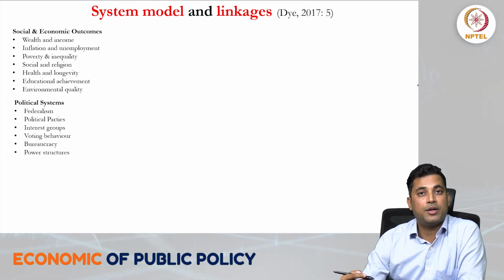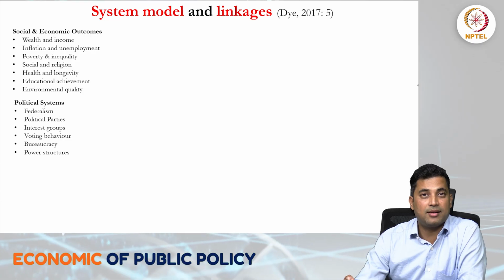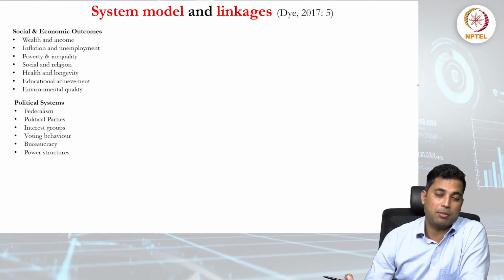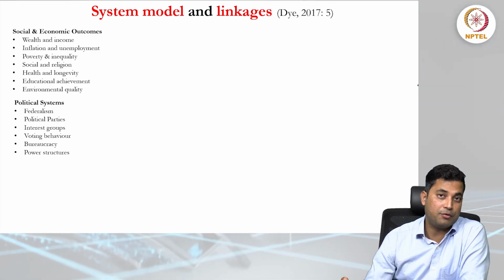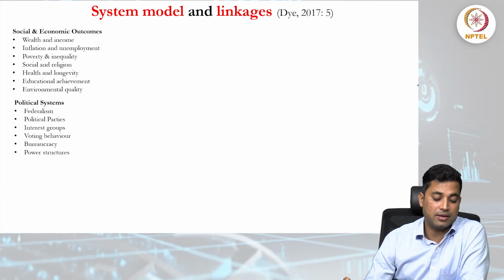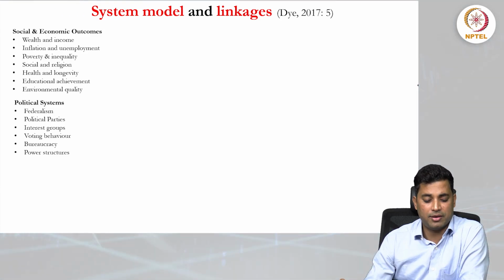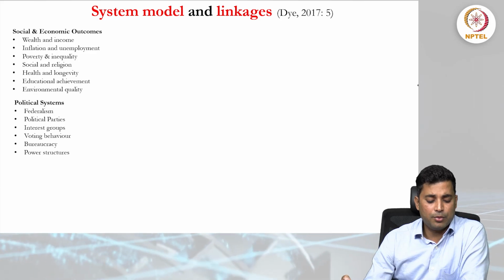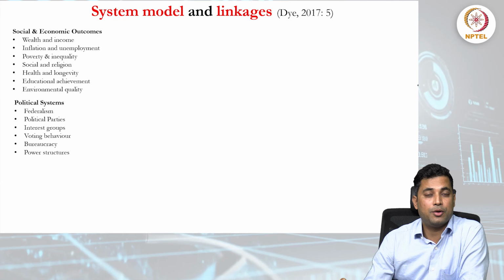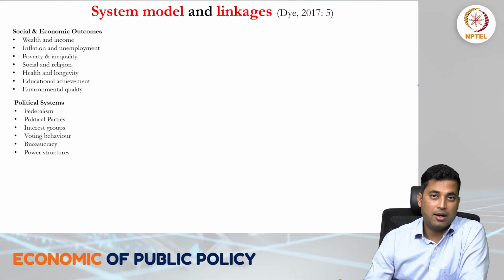Different political ideologies are important, because they have an impact on decisions on public policy and also on the outcome, and therefore political parties are important organizations in the political system. Different interest groups are important. And when we are talking about people and policymakers, voting behavior plays a very important role.